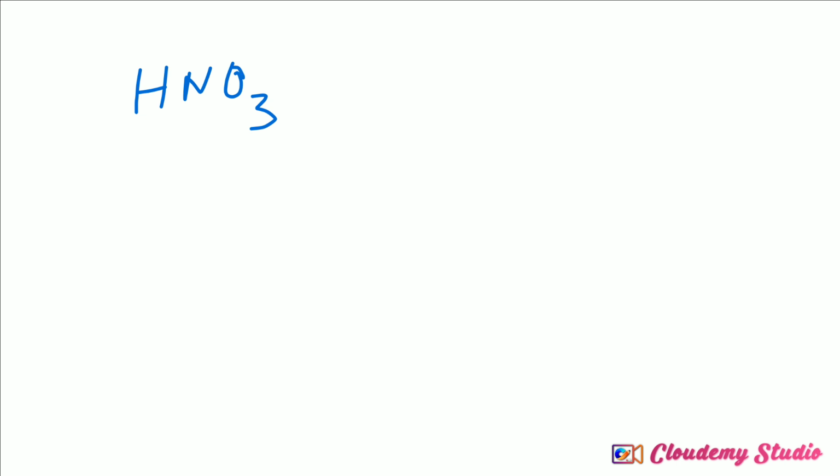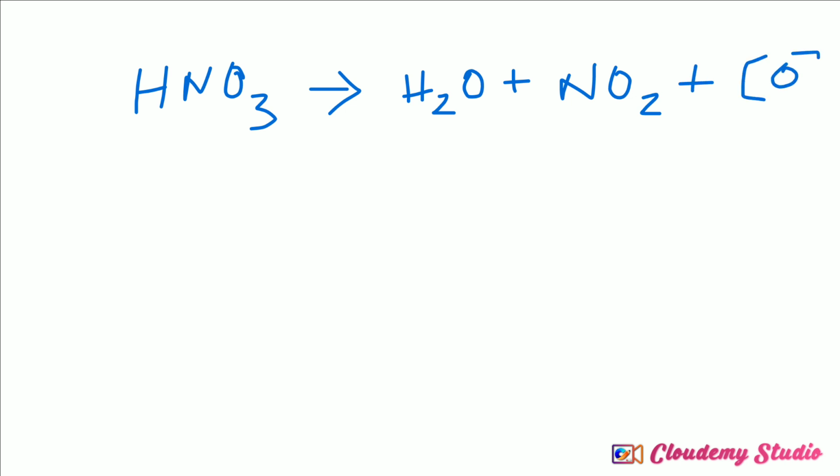If concentrated nitric acid decomposes, it will give water, then nitrogen dioxide, then nascent oxygen. So this is the first step of decomposition of concentrated nitric acid.